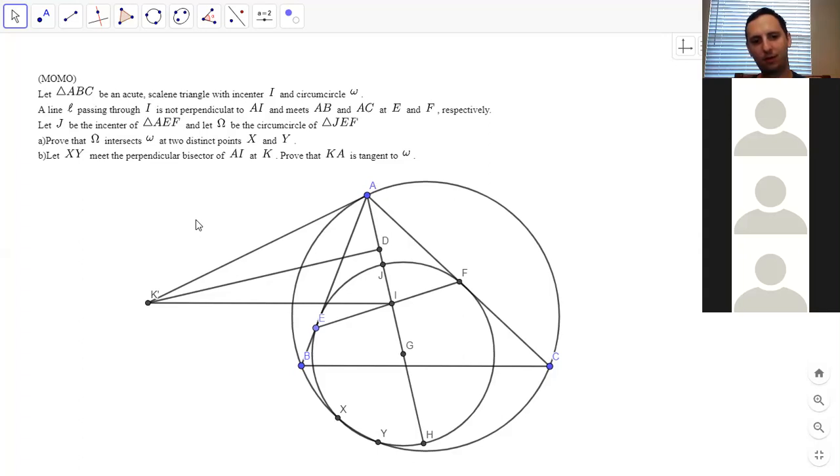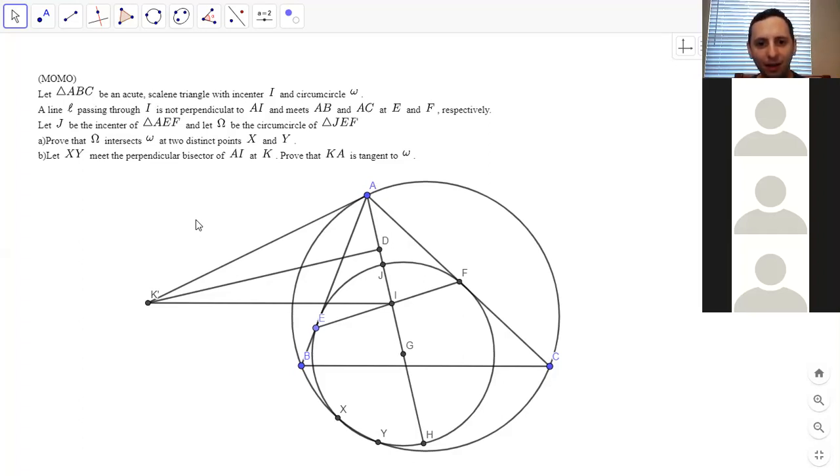Can we use it for something? Oh, okay. So K prime also lies on the radical axis of the point circle I and circle JEF, because the center of circle JEF lies on AI and KD is perpendicular to AI too. And the radical axis is perpendicular to the line of the two centers, right?